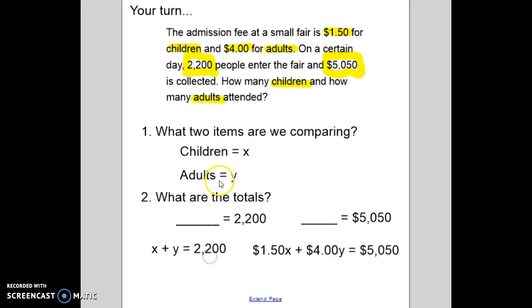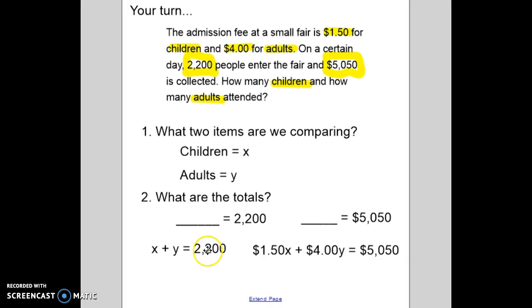So to summarize, I know that I've got two types of tickets being sold in order to come into the fair. Those tickets are children's tickets and adult tickets, and I know I have a total of 2,200 tickets. I still don't know how many of each of those I have, but I do know the cost of $1.50 is for the children and $4 is for the adults, equaling my total cost. So this is how you set up your problem for systems of equations.